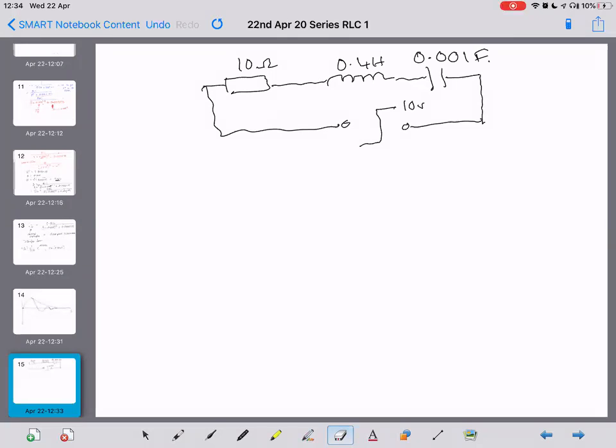Guys, have a go at that one. And in good old Mr. Bird fashion, the answer you should get is i(t) equals 0.516 e to the minus 1.25 t sine 4.841 t.